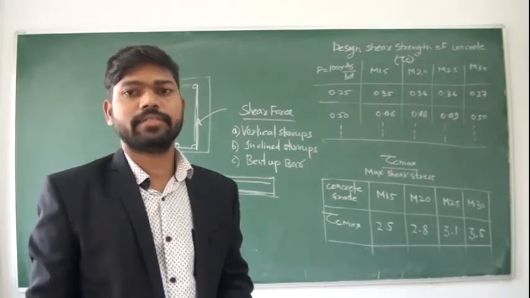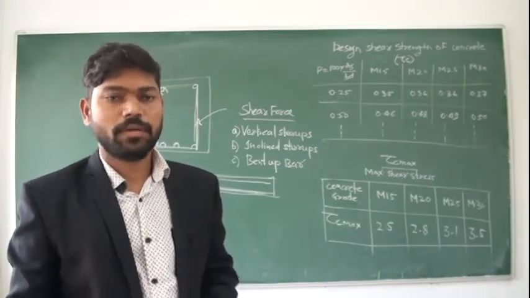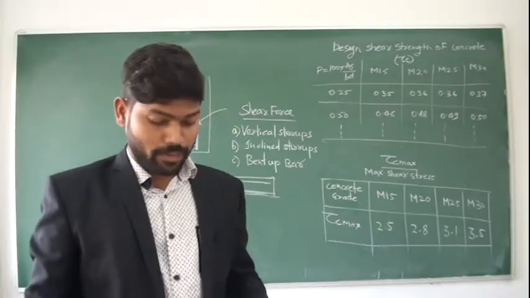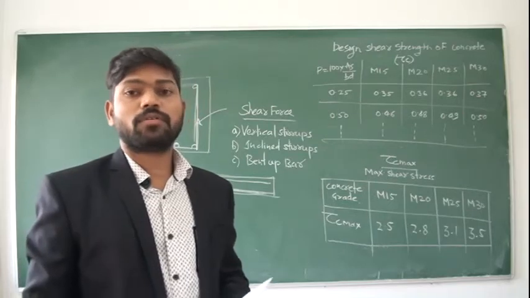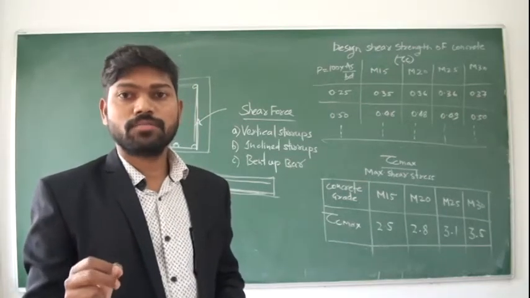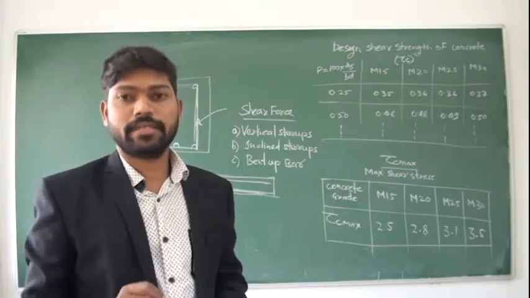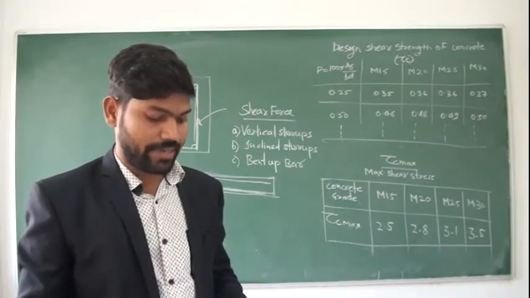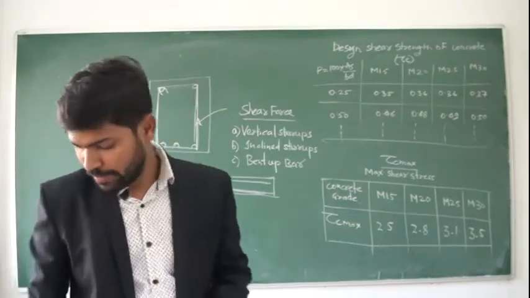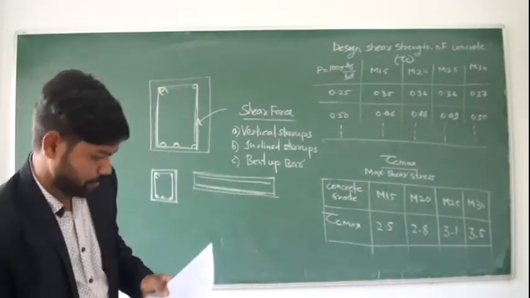Now the shear is resisted by the shear reinforcement. Before we start with the actual design procedure for shear reinforcement, we should know some important terms related to shear design, or design of a beam for shear force. So we'll see those terms one by one.